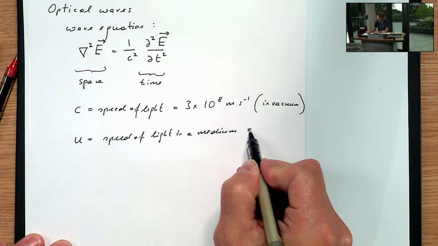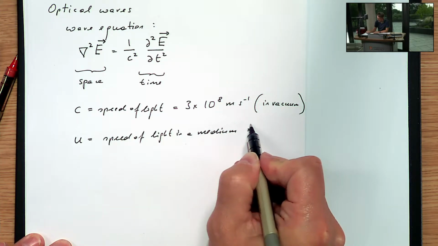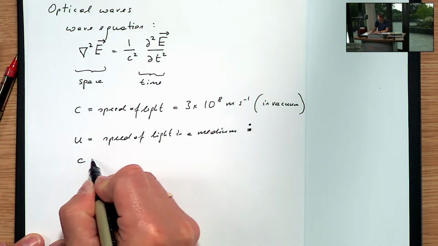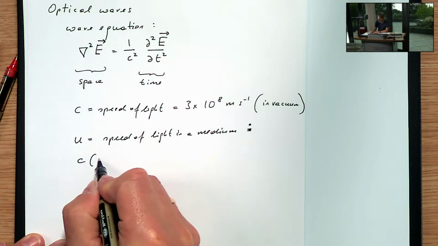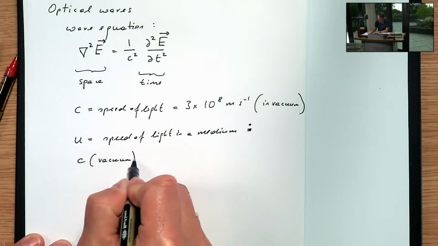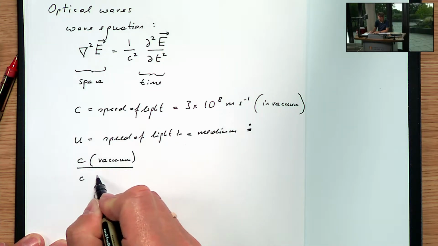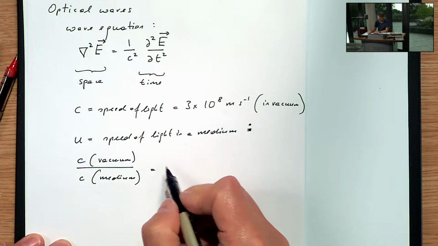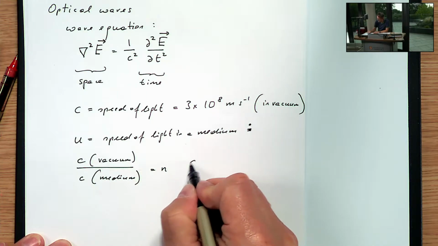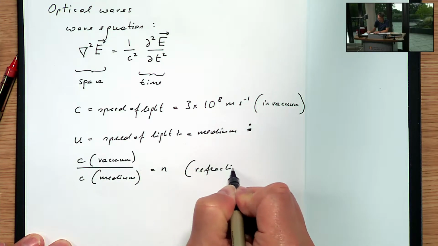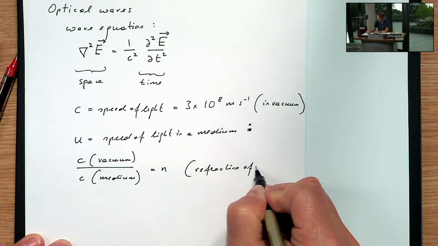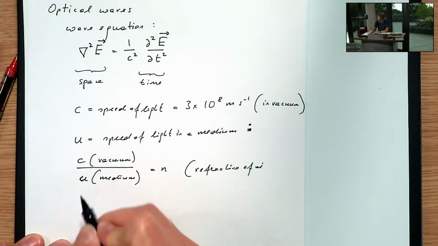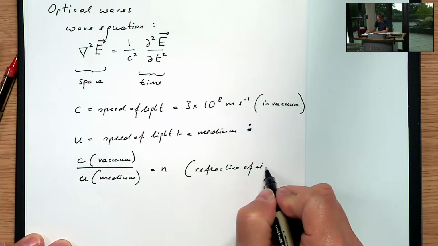There's a relationship that looks like this: c in vacuum divided by u in medium is given by n, where n is the refractive index of the medium. Sorry, this is c and this is u, refractive index of the medium.